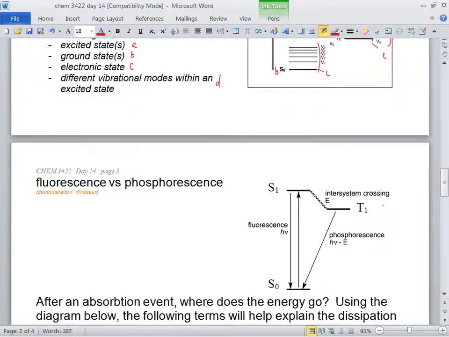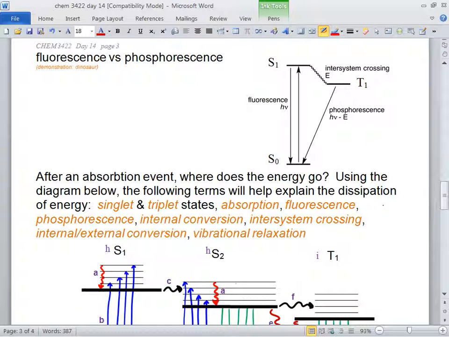Okay. Fluorescence versus phosphorescence. We have allowed transitions and unallowed transitions, right? And the only way to describe that is with these Jablonski diagrams. So we're going from the ground state to the excited state. And they're S's, so they're trying to say those are singlet states.